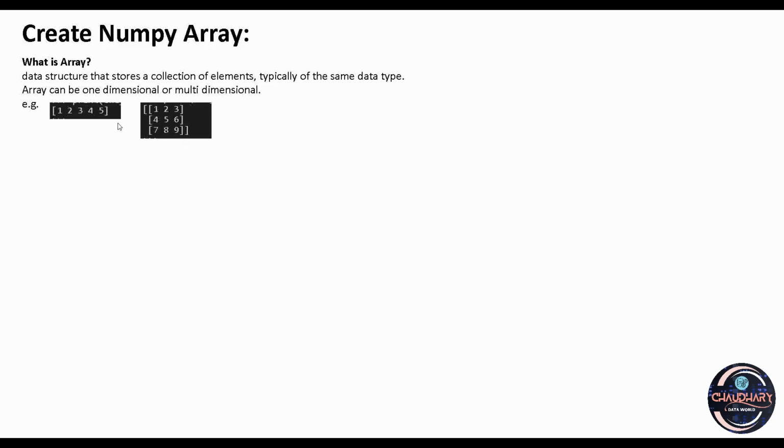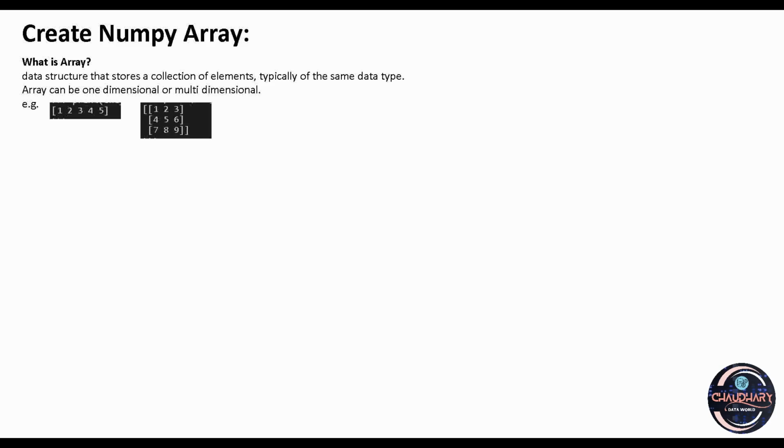But here there is one new data structure being introduced, which is the array, which looks similar to a list. Here you can see how it looks. This one looks like a simple list, and over here it is multiple lists gathered into a single list, correct? So it becomes a multi-dimensional array in terms of a NumPy array.